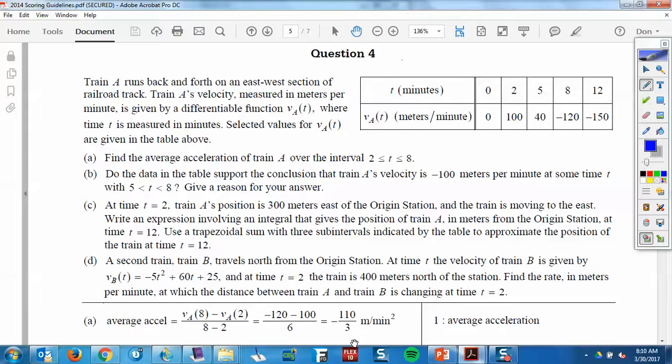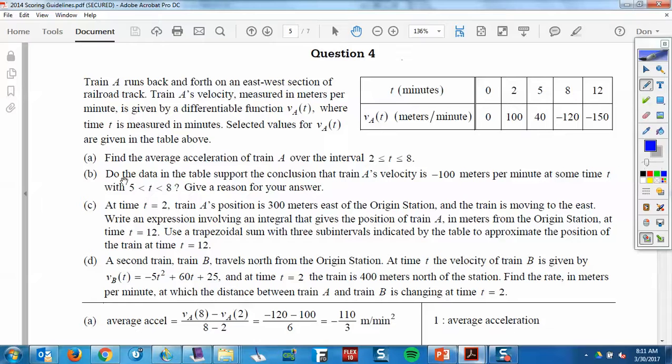Sometimes they give you a point for showing that work. But here, for average acceleration, they just gave 1 point, basically, for the answer. Units, I would always put units on. But in this case, if you didn't have the units, you were going to be okay. If you had that right answer, you were going to be fine. But they did reduce it like that. But again, if you had 220 over 6, you would be okay.